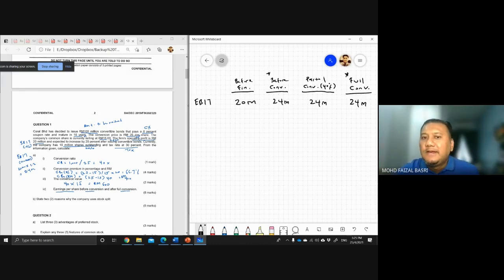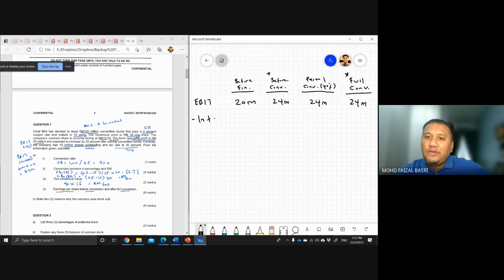Okay, after we have earnings before interest and taxes, we need to minus interest. If you recall again, the structure of all four scenarios ni, interest akan dibayar jika ada bondholders. If there's no bondholders, there will be no interest to be paid.